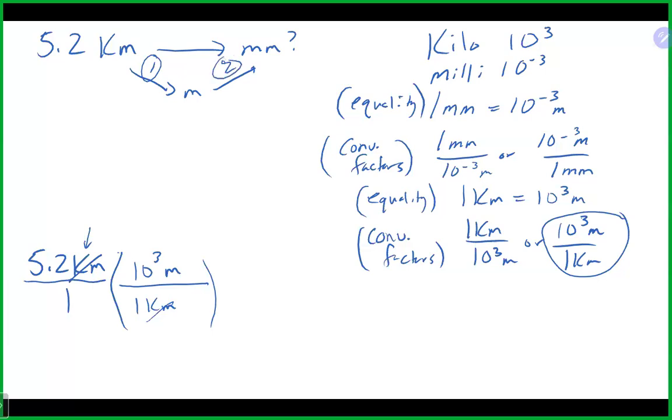Because meters are still up on top, to cancel those meters, we're going to go opposites. That helps me choose the right conversion factor, where meters are in the opposite location. I'm just going to continue my calculation, and I'm going to go with 10 to the minus 3 meters on the bottom and 1 millimeter up on top. The meters on top and the meters on the bottom will cancel.